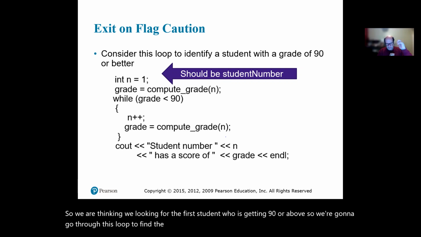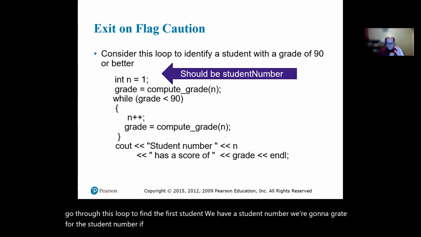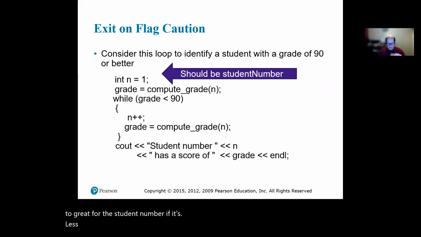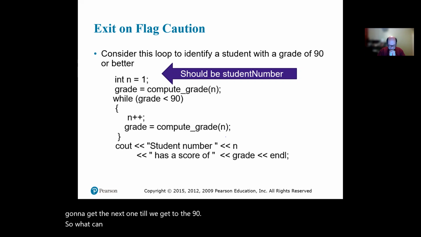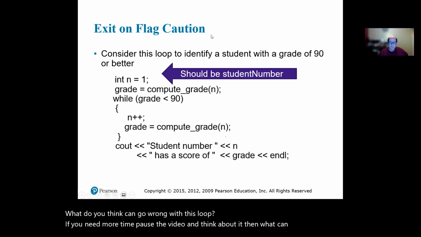We have a student number, we compute the grade for the student number, and if it's less than 90, we add 1 to the student number and get the next one, till we get to the 90. So what can go wrong with this? If you need more time, pause the video and think about it.